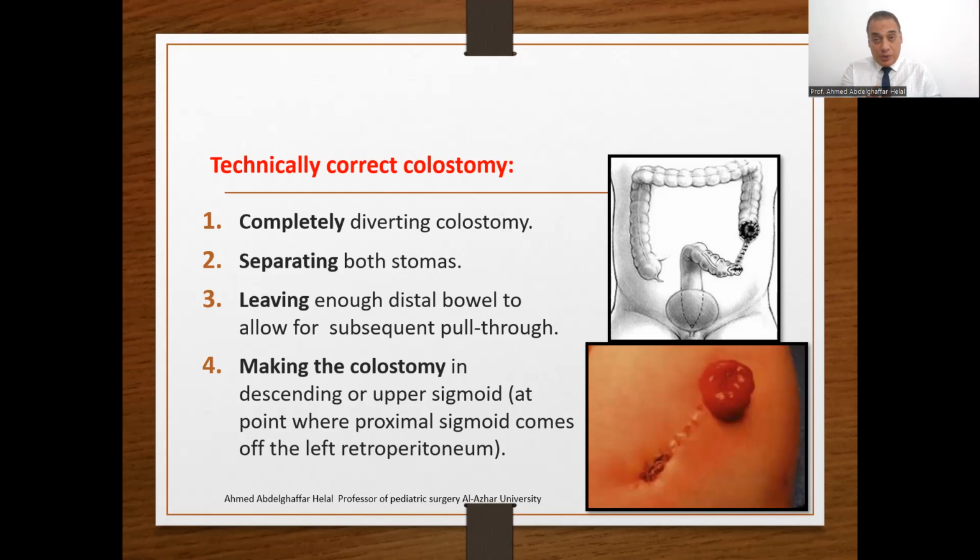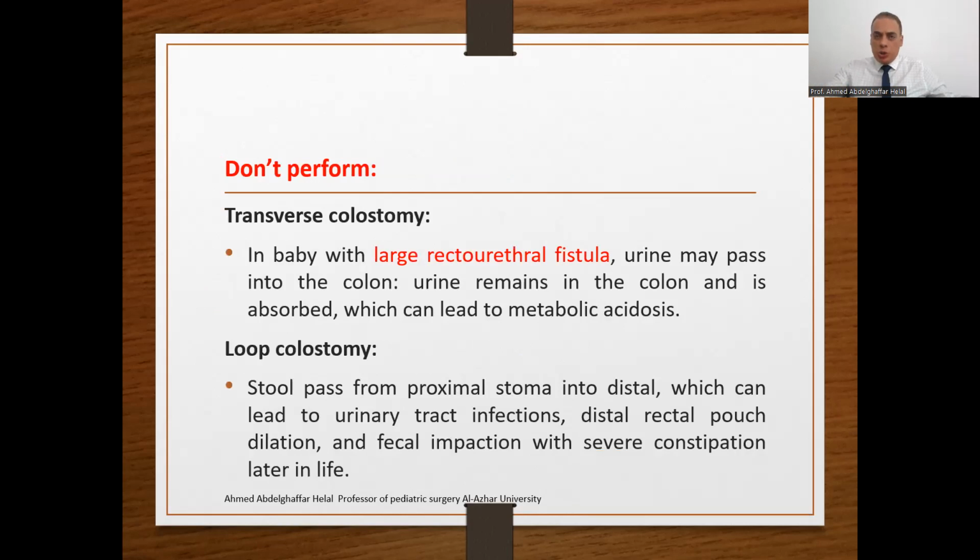So, the important items when you decide to go for colostomy in anorectal malformation: completely diverting, separating both stomas, leaving enough distal bowel to allow for subsequent pull-through, and making the colostomy in the descending colon, lower descending or upper sigmoid, is ideal in these cases.